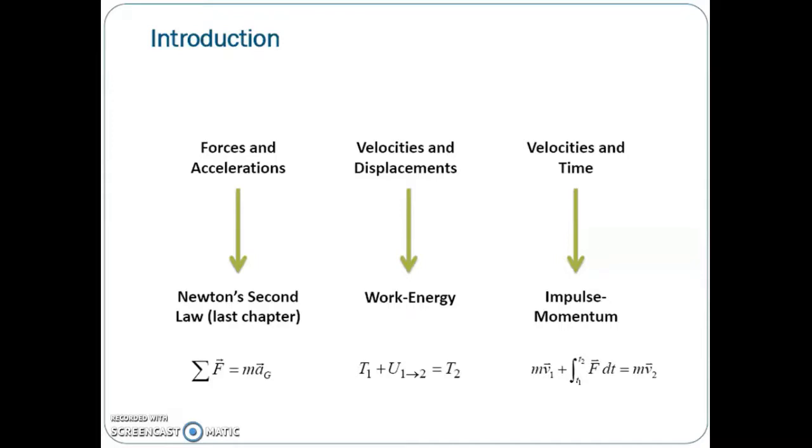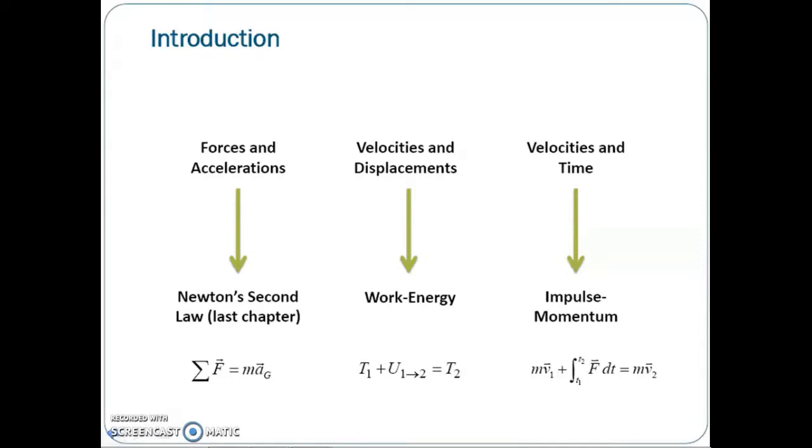We can replace this later on, the U1 to 2, the work of a force, with the potential energies. So later on, we will look into how we make use of these work and energy methods in solving problems related to the kinetics of particles, particularly when the information of velocities and displacements is available.